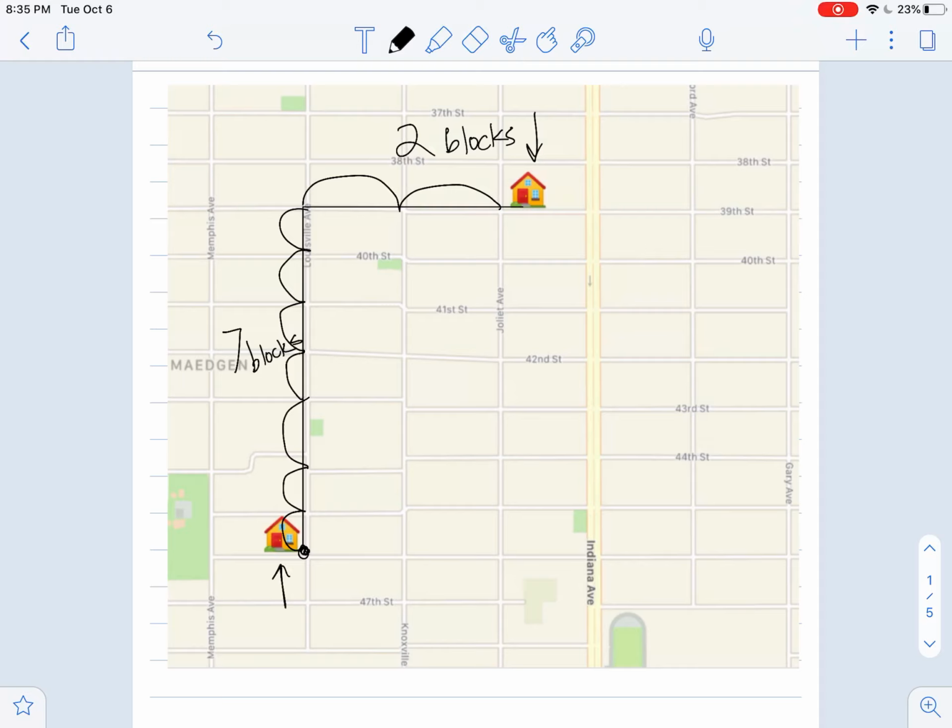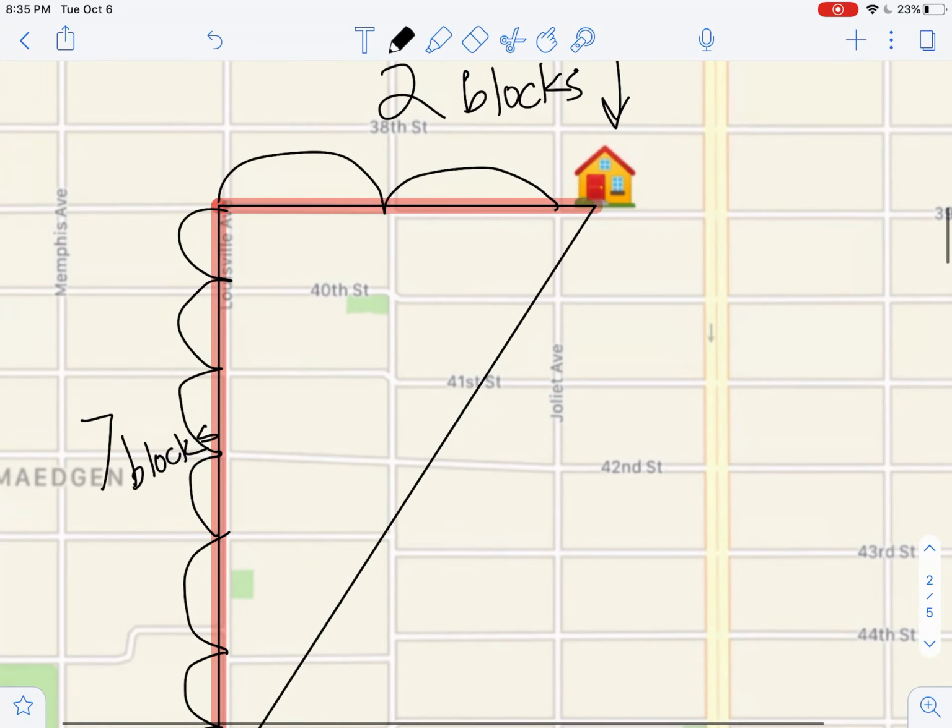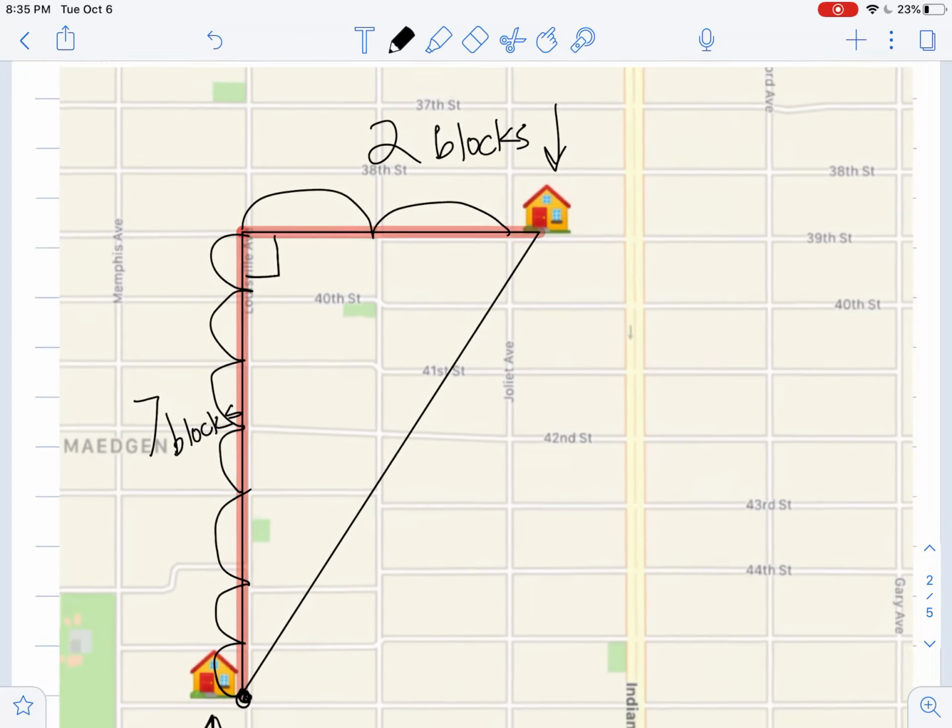Okay. So if we were trying to find that steepness of our line, trying to find the slope of this line, then look at what we kind of just created with that. Again, we can't count these right here because those are going through people's yards. But we can go down the street here, and then I can go over this direction. Now, if you look, we've created what you guys might remember as a right triangle.